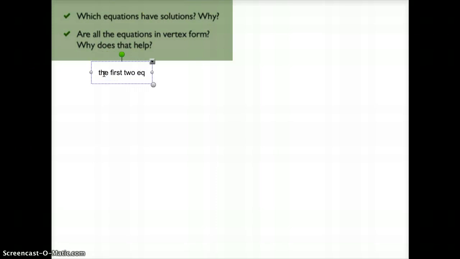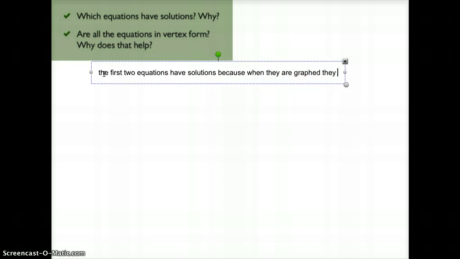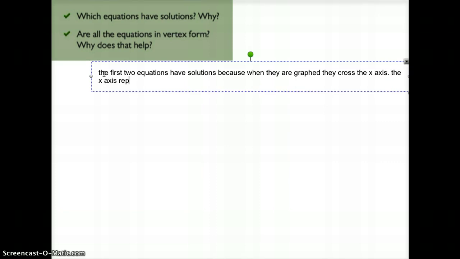The first two equations have solutions because when they are graphed, they cross the x-axis. The x-axis represents our solutions, roots, zeros, and x-intercepts. That's what we learned in, I believe, 8D.